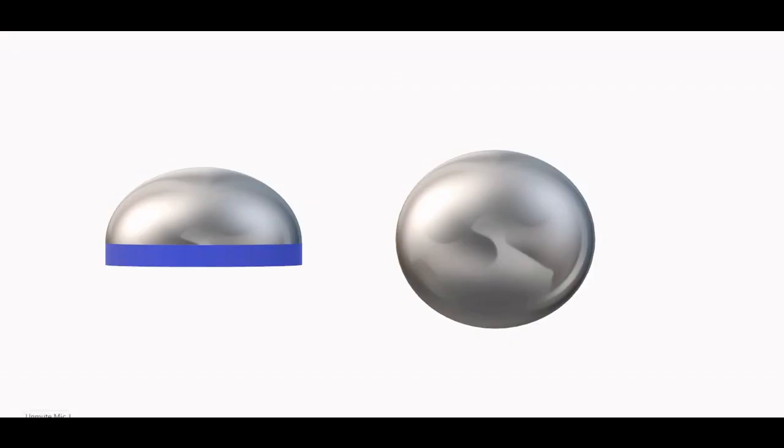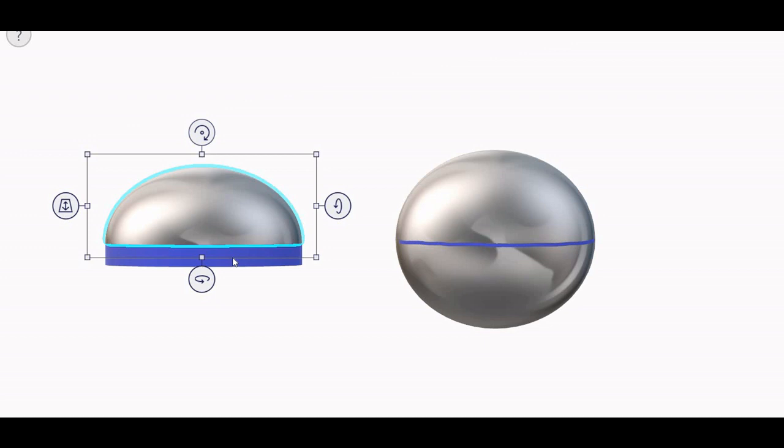So here let us try to understand this from a 3D perspective. Here we have a spherical shell, and if we cut it in half from the middle, then we will have this. If we rotate it, it will be like this.